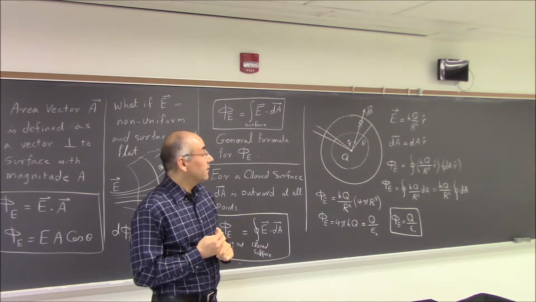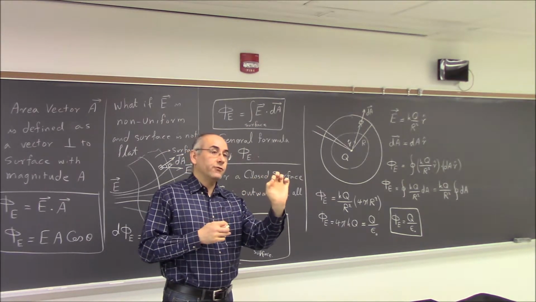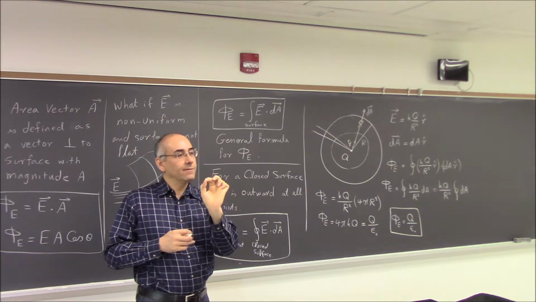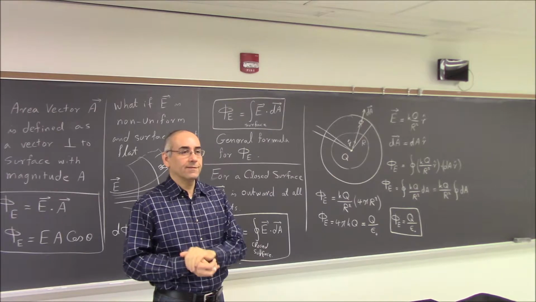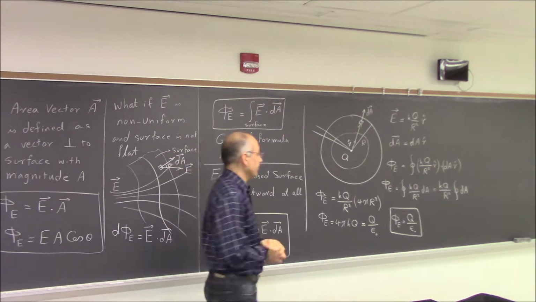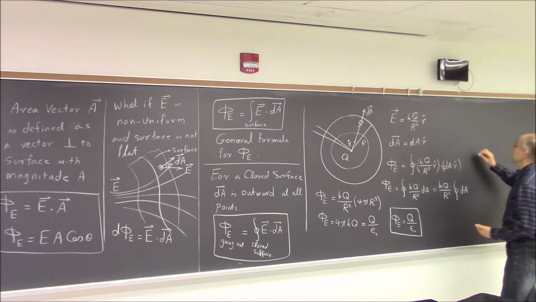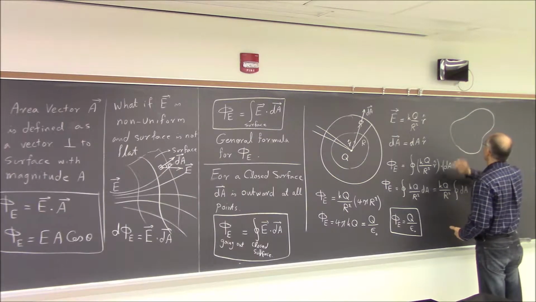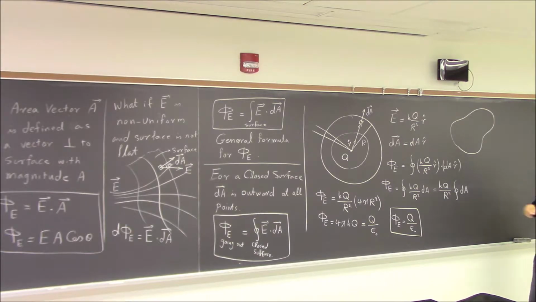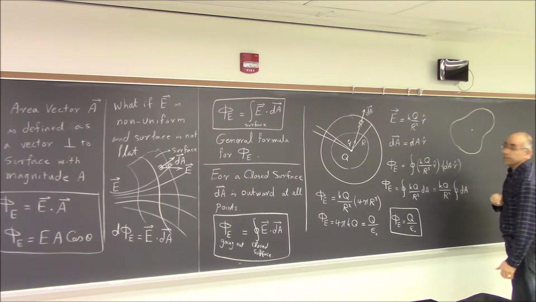But what if we have the charge not at the center, or off center? What do you think? Or if you have a charge inside a closed surface that is not a sphere? Let's say it's any random surface and you have an electric charge in here.